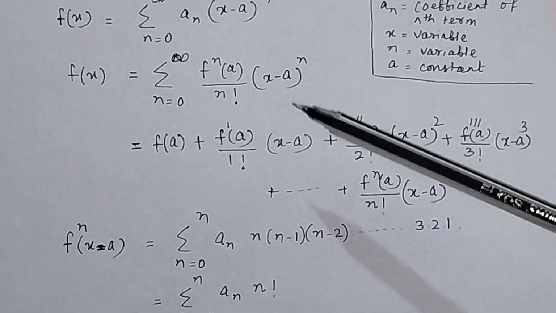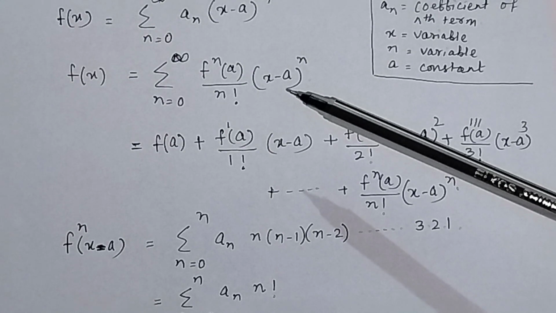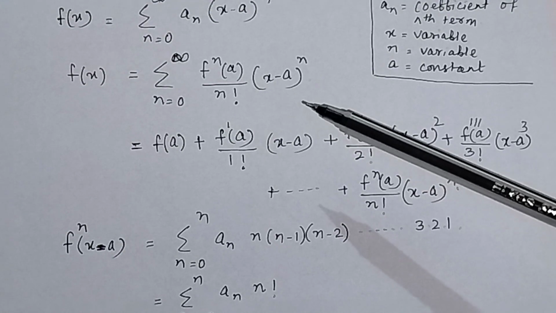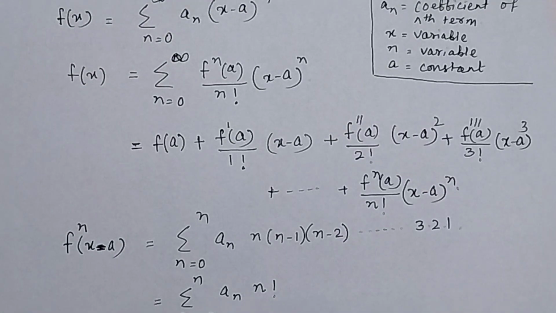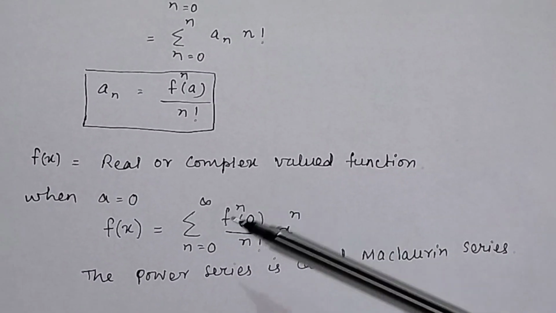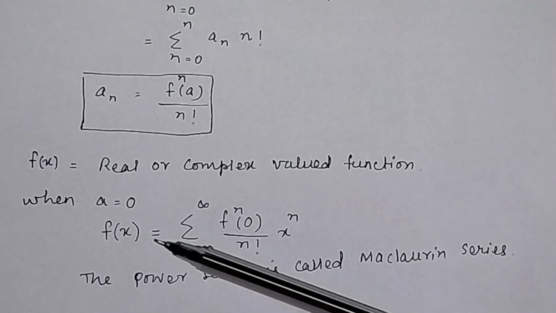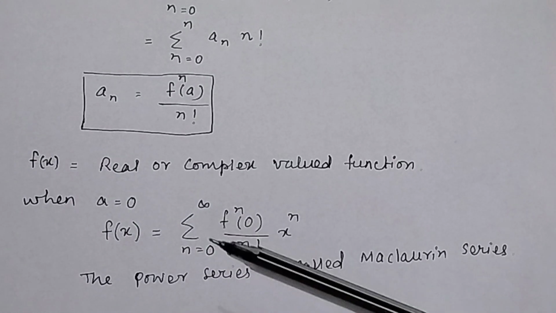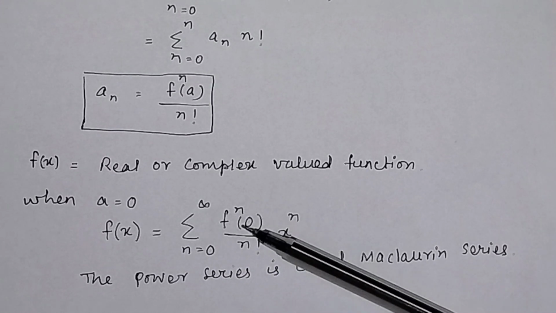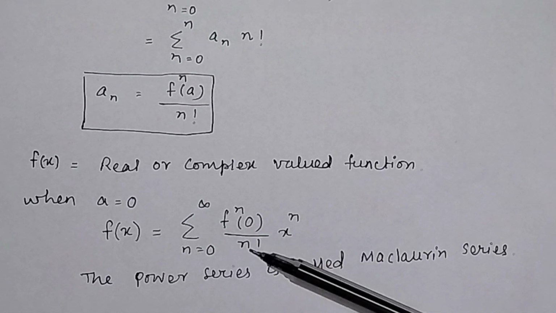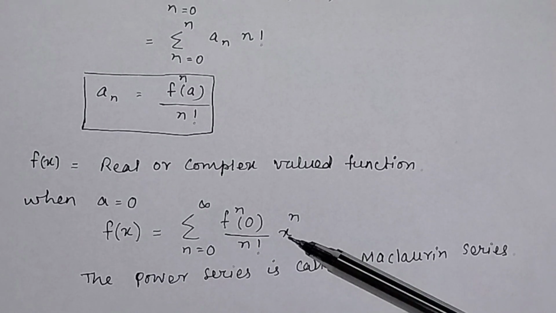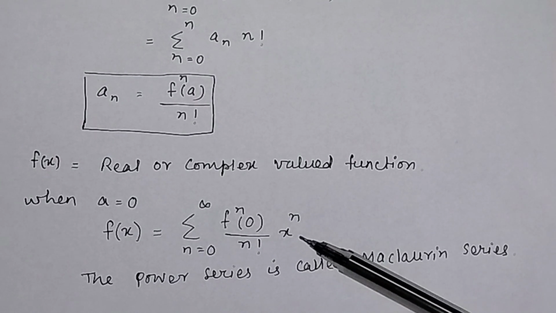Suppose we want to find out the nature of the function at a equal to 0, that means at the origin. If you plot the graph at x equal to 0, what will the Taylor series be? The Taylor series will be f(x) equal to the sum over n from 0 to infinity of the nth derivative of the function at x equal to 0 divided by factorial n, times x to the power n, since a equal to 0.